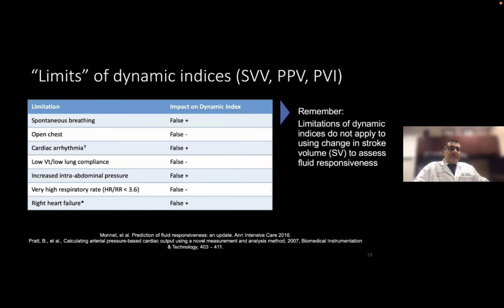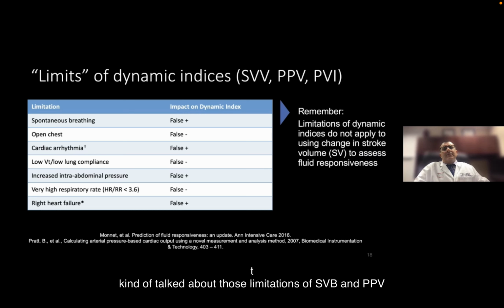There are limits to stroke volume and arterial waveforms. We just talked about the limitations of SVV, PPV, and PVI: are you spontaneously breathing? It could give you a false indicator, but now we're starting to utilize contractility, which kind of supersedes it.